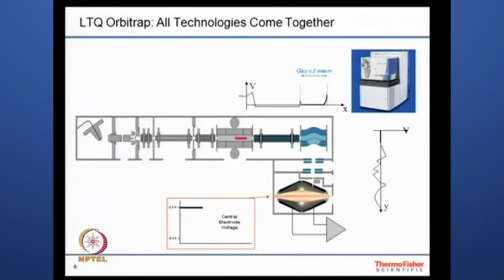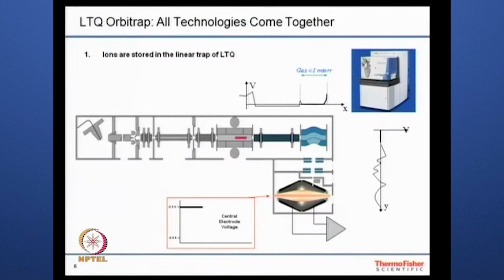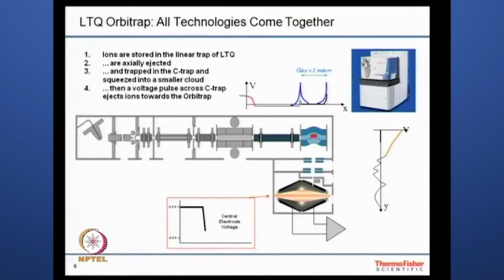The ions are generated from the source and go to the linear ion trap, where they are trapped. Once trapped, they are axially ejected and go into the C-trap. The C-trap squeezes the ions into a packet and injects them into the Orbitrap. Once injected, the ions go into axial motion as well as radial motion.